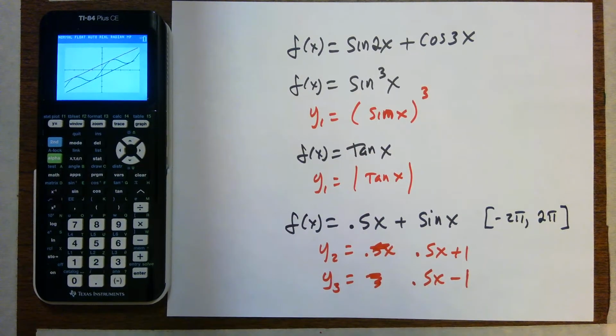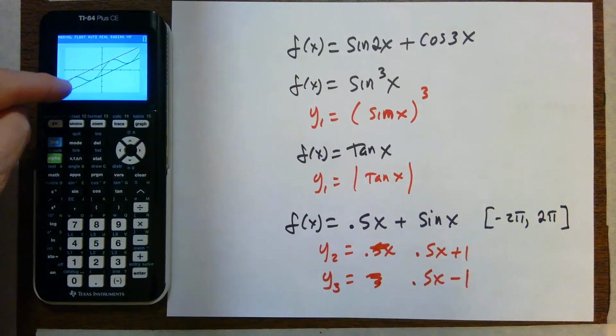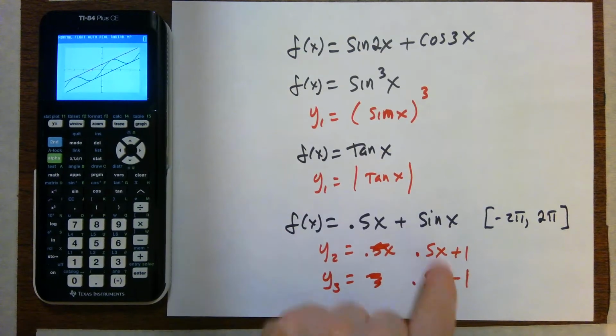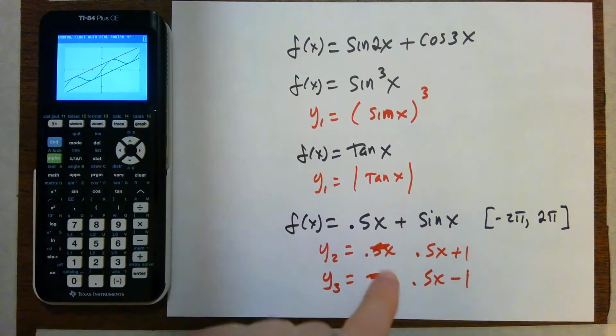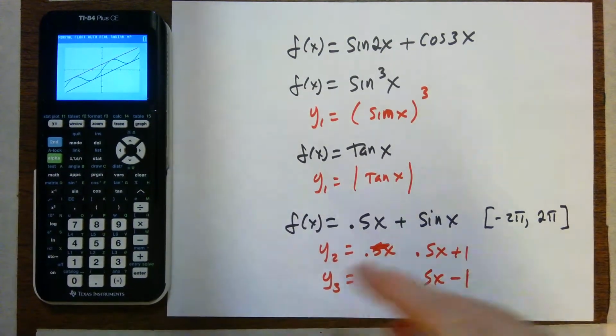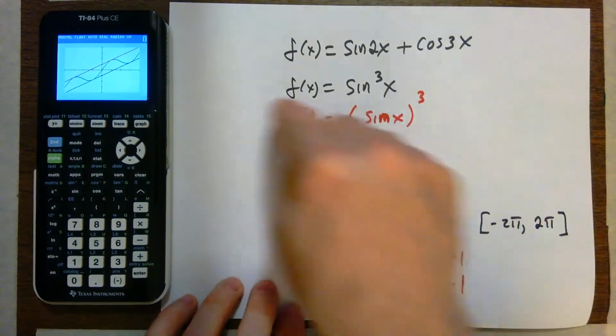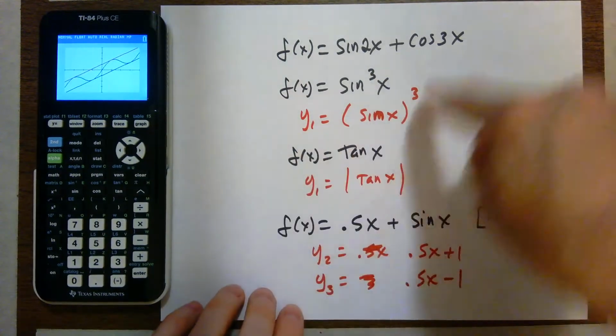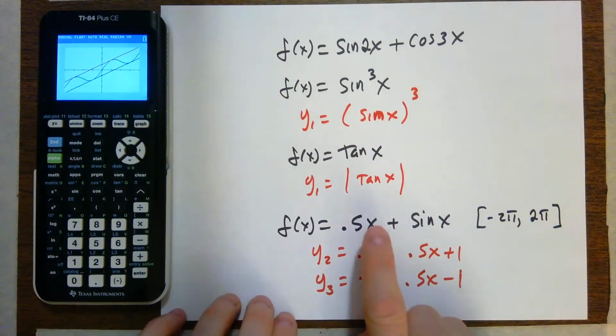And of course, what do you notice here? These are the bounds, aren't they? This curve is oscillating between those two lines, my maximum and my minimum lines. Just like when we had regular plain old sine, and we had the lines 1 and negative 1, and sine oscillated between the two of them.